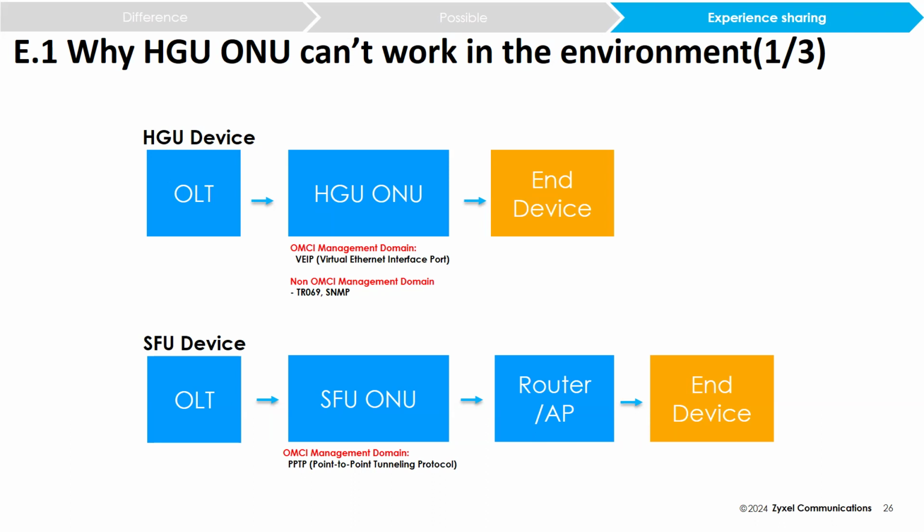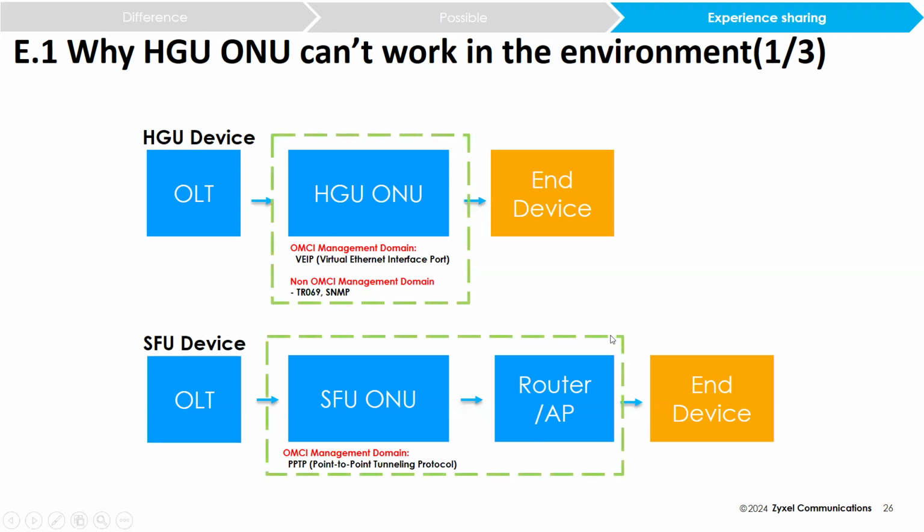For example, an HGU ONT only takes the VEIP as the partition point of the OMCI management domain, and the HGU ONT also supports a management domain in the data plane, such as TR69 and SIP. On the other hand, the SFU ONT only supports the OMCI management domain, and the PPTP is the OMCI management domain supported by the SFU ONT.